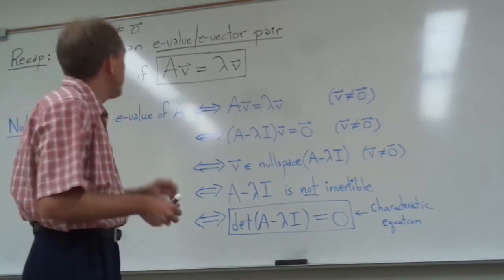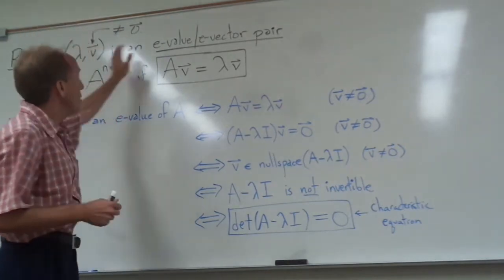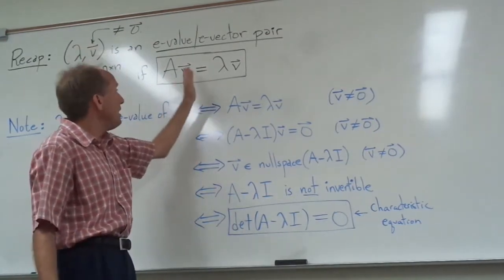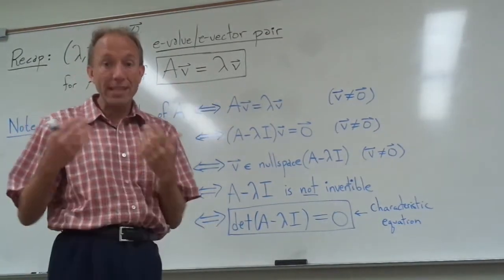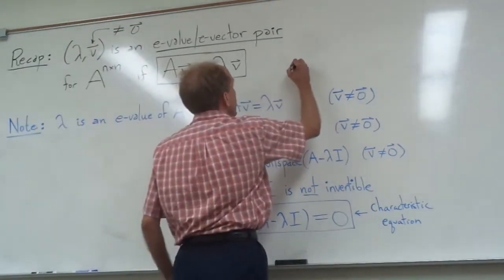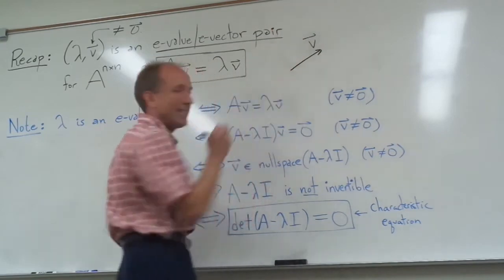So everything we're going to say in this video is for square matrices only. And just to define again what an eigenvalue and an eigenvector are, this equation right here, Av equals lambda v, is the key. It's the most important thing here. So the idea is you have a vector v, which I'll just visualize that way.